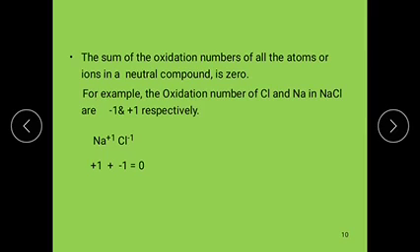The sodium ion oxidation number is +1 and the Cl minus oxidation number is -1. Then the sum is equal to 0. Okay, the sum of the oxidation numbers of all the atoms or ions in a neutral compound is 0.